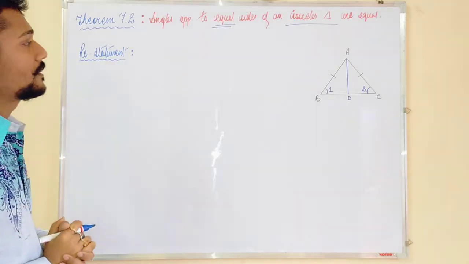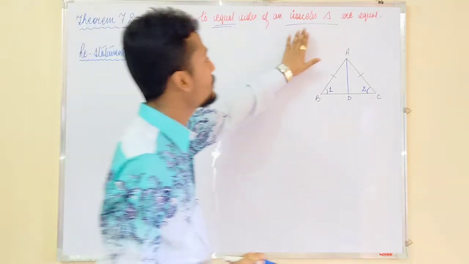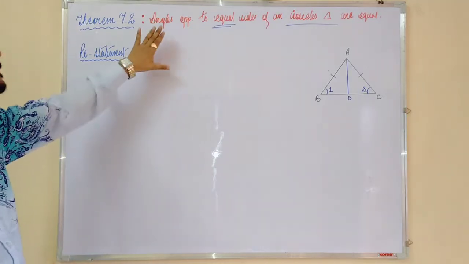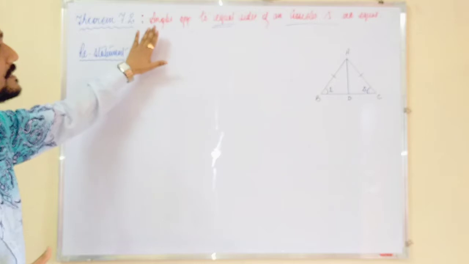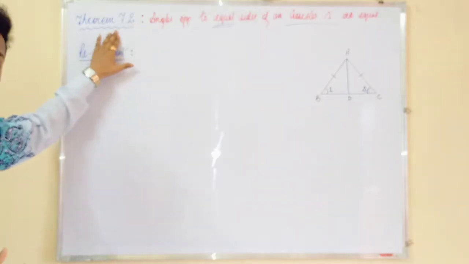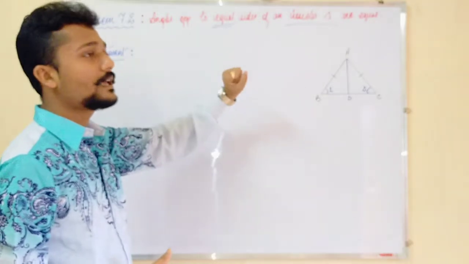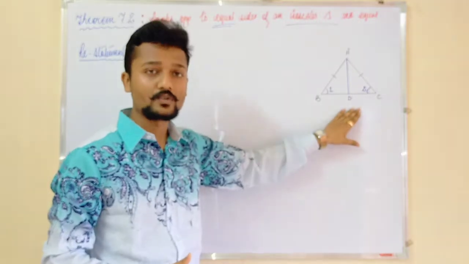Okay, so what is given in the statement? Angles opposite to equal sides of an isosceles triangle are equal. So that means this particular line is given in theorem 7.2, and we will again rewrite this statement in our own words based on the diagram that we have drawn.